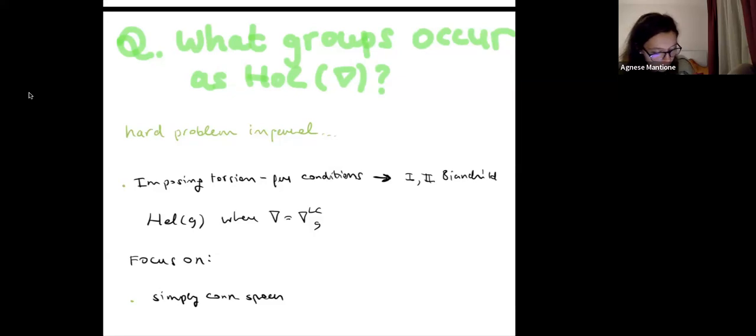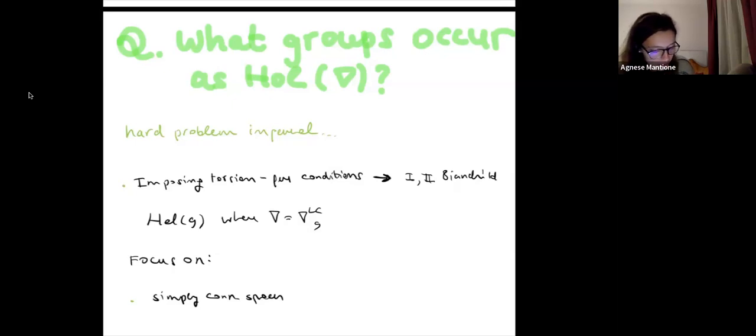The first thing to do is to impose torsion-free conditions, also because we have seen that in order to have certain nice structures, we need torsion-freeness. Imposing torsion-free conditions gives two identities called Bianchi identities, and so our connection needs to satisfy these two conditions, which makes it simpler to work with.